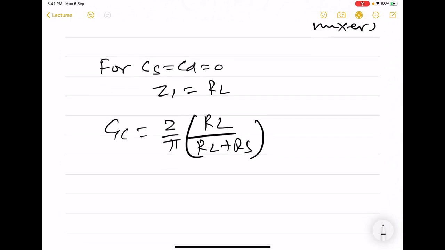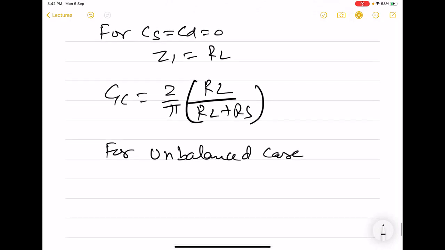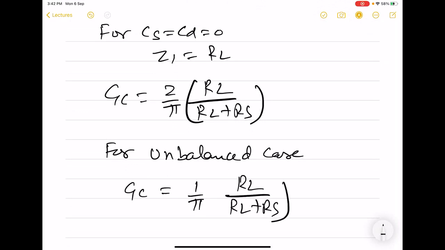And for the unbalanced case, we had found the conversion gain to be 1 by pi RL divided by RL plus RS. So now we can compare the conversion gain of the two cases.